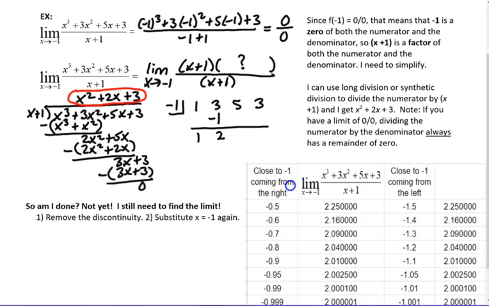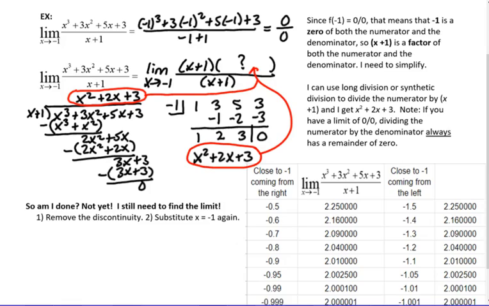Add. -1 times 2 is -2. Add. -1 times 3 is -3. Add. Get 0. You should definitely get 0 for the remainder either way that you do this. This translates to x squared plus 2x plus 3. So there it is again.